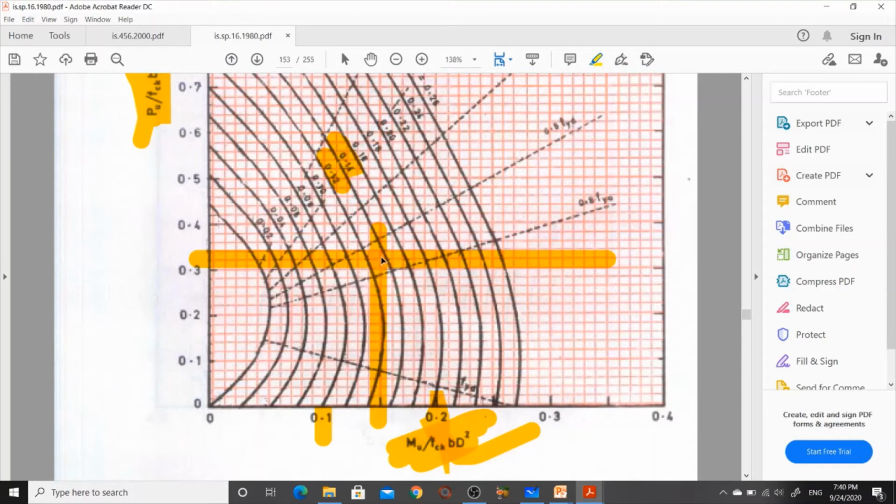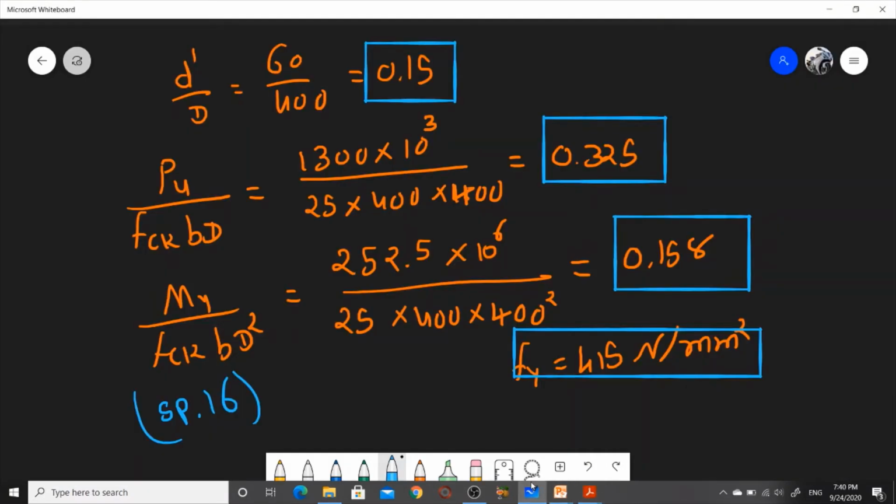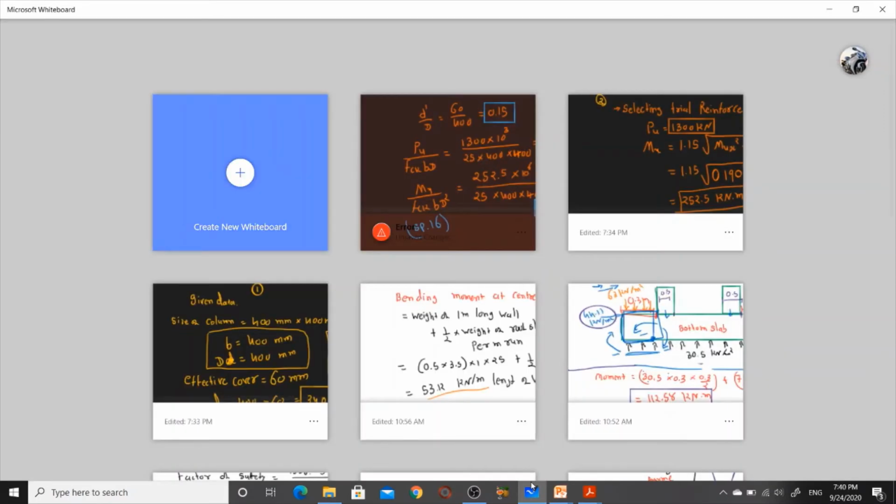Our value is nearer to 0.14, so I will take the p by fck value as 0.145.